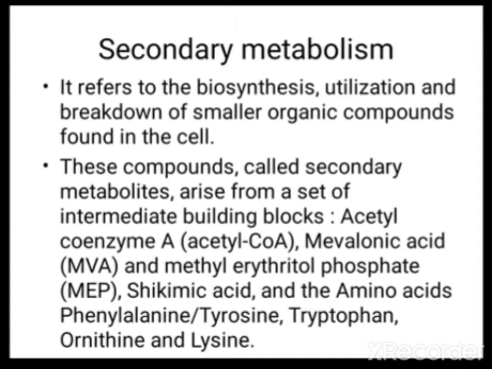These compounds are called secondary metabolites, and they arise from a set of intermediate building blocks: acetyl coenzyme A, mevalonic acid, methyl erythritol phosphate, shikimic acid, and the amino acids phenylalanine, tyrosine, tryptophan, ornithine, and lysine. So all these are the intermediate compounds. From these intermediate compounds, a number of secondary metabolites are synthesized in the plant body.